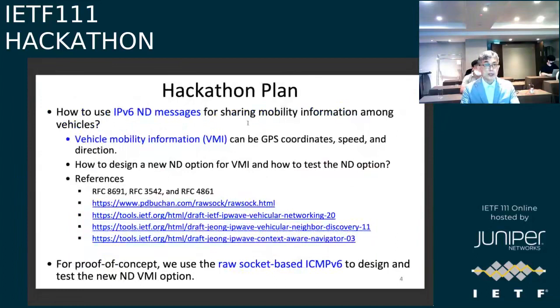This time we want to demonstrate IPv6 neighbor discovery messages for sharing mobility information among vehicles using a new ND option, a neighbor discovery option called the Vehicle Mobility Information option, VMI. It contains GPS coordinates such as latitude and longitude, speed, and direction.